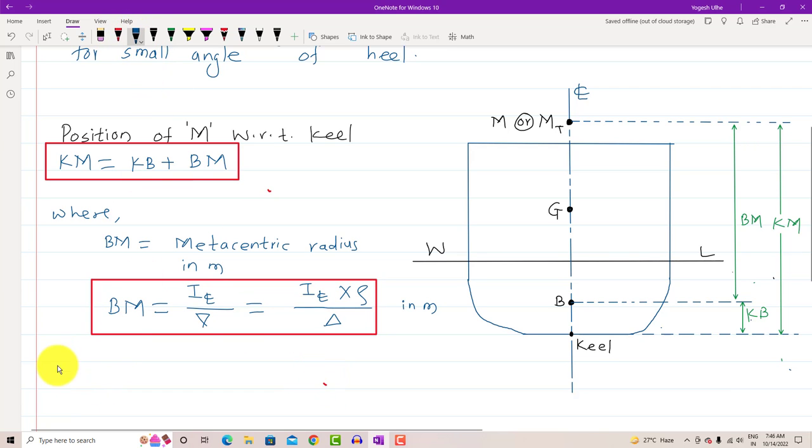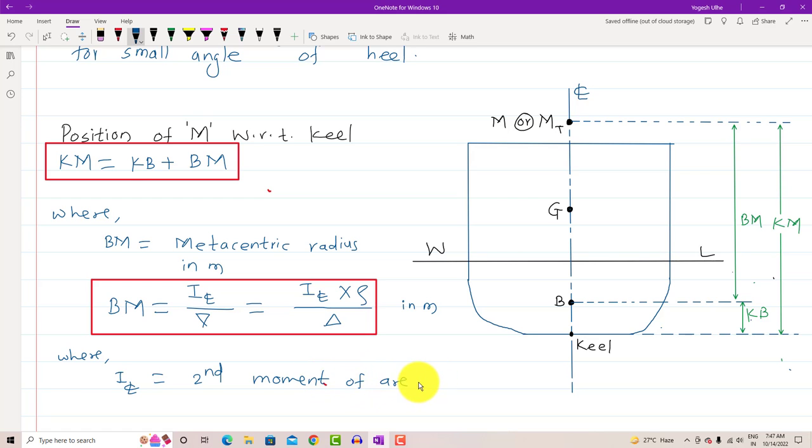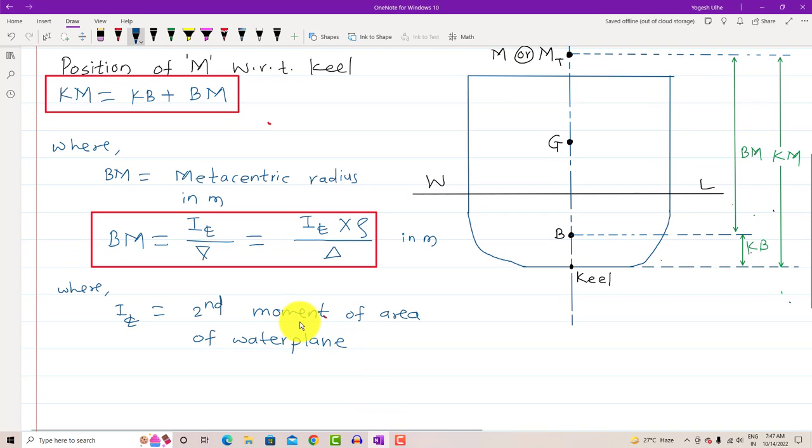And here, what is the meaning of I center line, guys? I center line means the second moment of area of the water plane about the center line, guys.